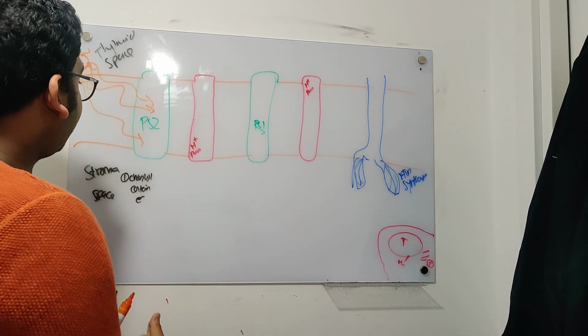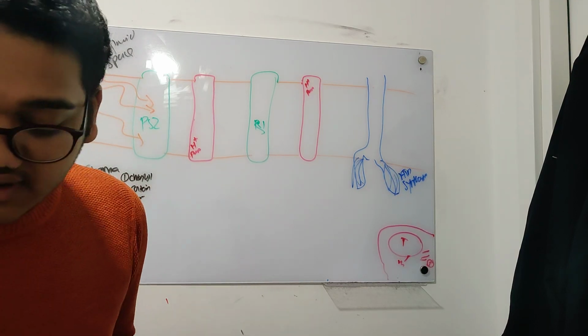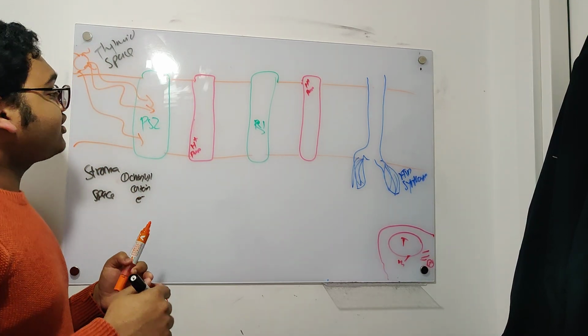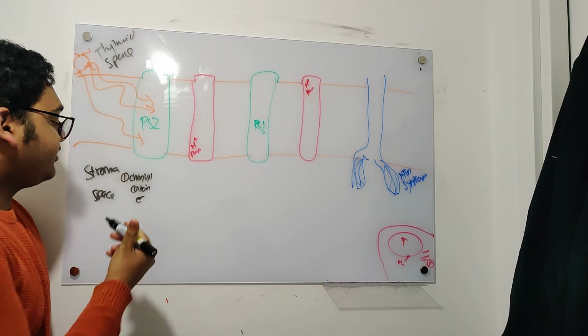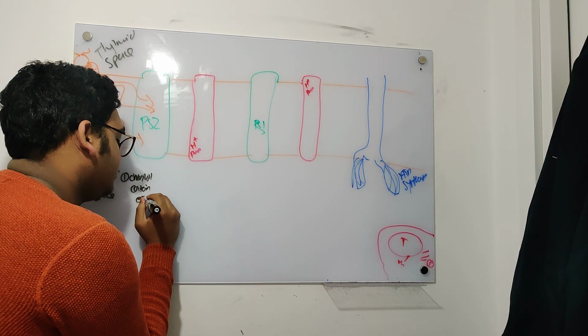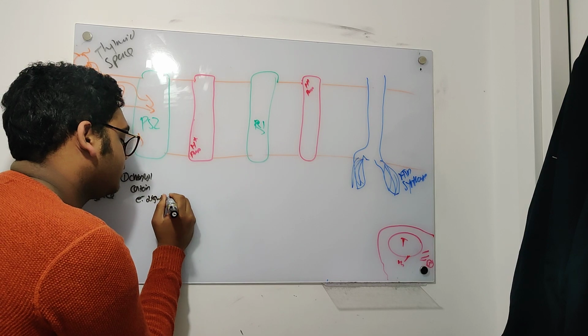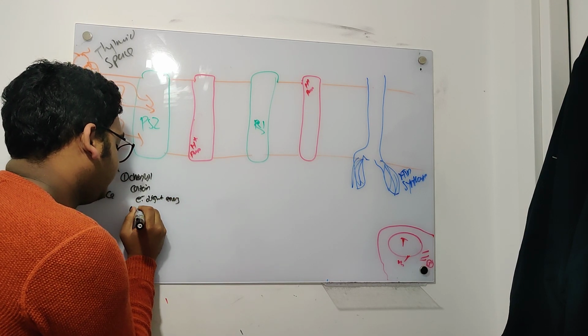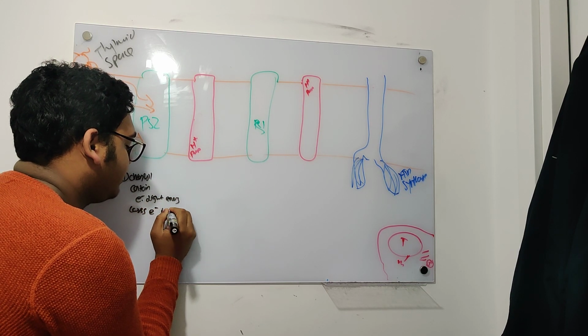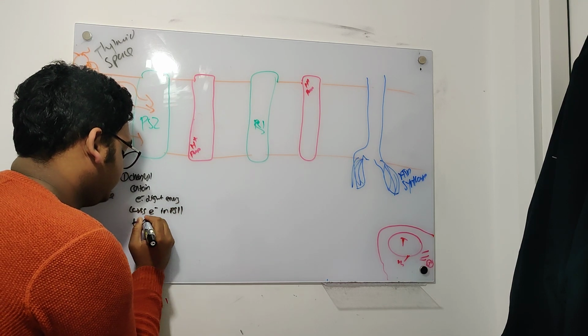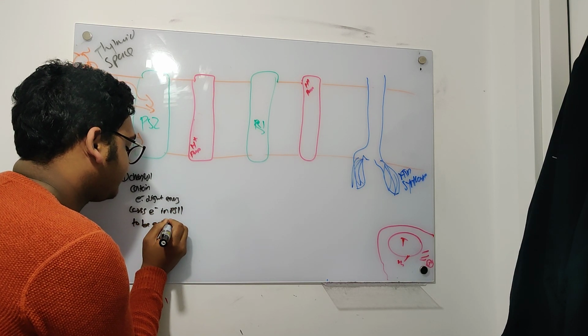Now, what that light energy does is that it causes electrons in photosystem 2 to be excited. So light energy causes electrons in photosystem 2 to be excited.